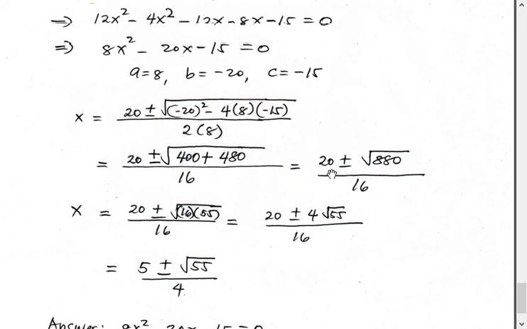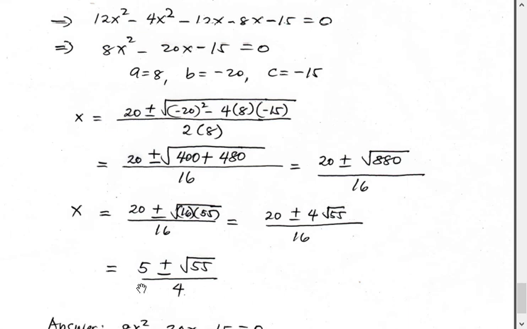Then we have 20 plus or minus square root of 880 all over 16. Then we have to factor 880 in such a way that one factor is a perfect square, and we have 16 times 55. Then we have now 20 plus or minus square root of 16 is 4, and what is left inside the square root is 55 all over 16.